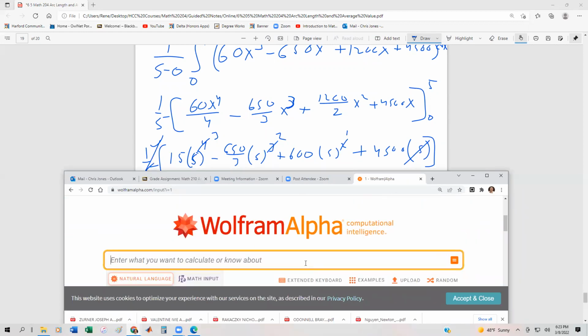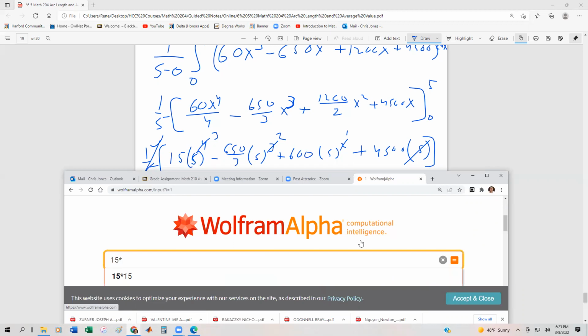So this is going to be 15 times 5 to the 3rd minus 650 thirds times 5 squared plus 600 times 5 plus 4500. And so we get this value, 11875 over 3.